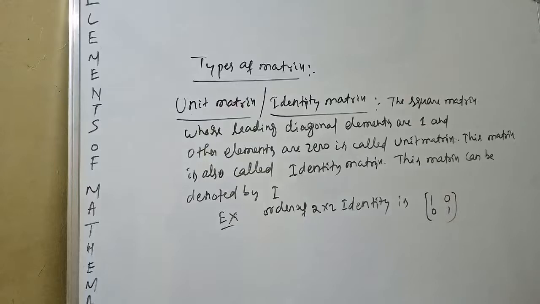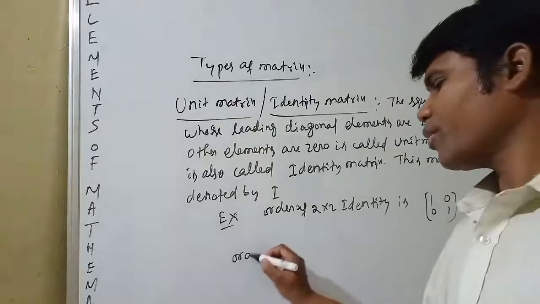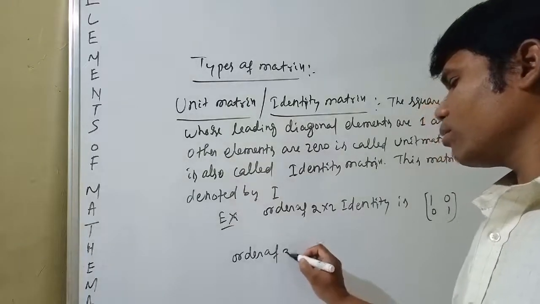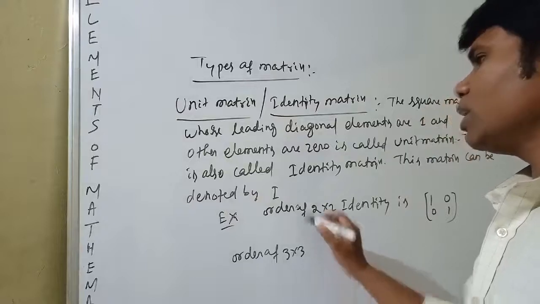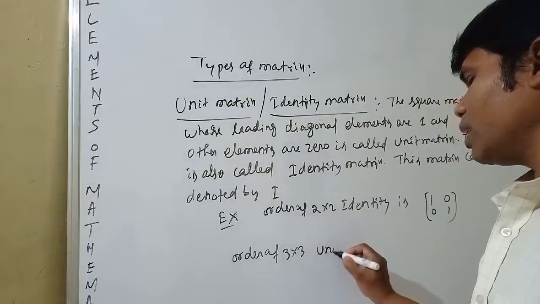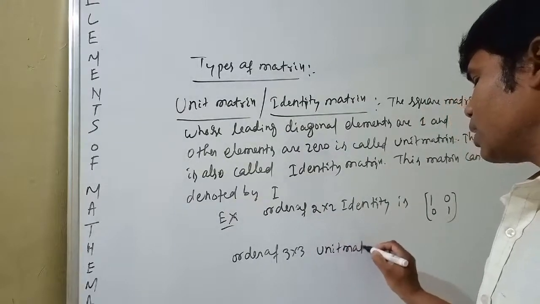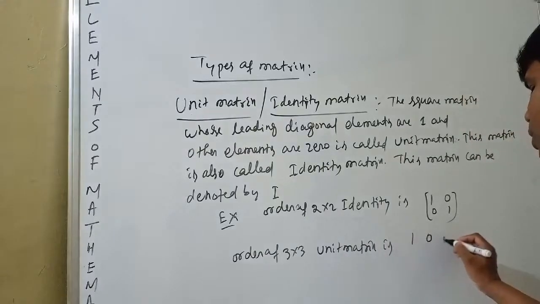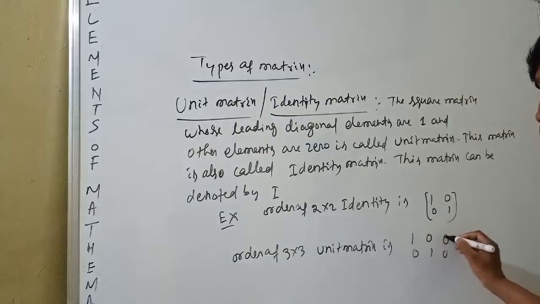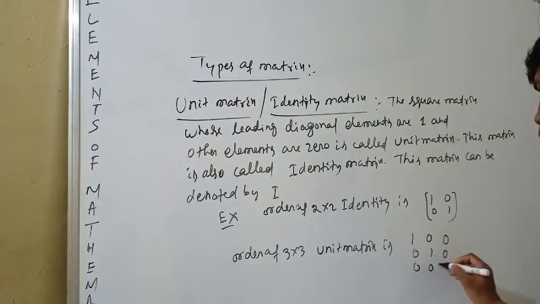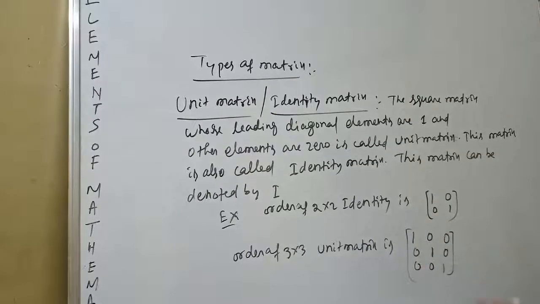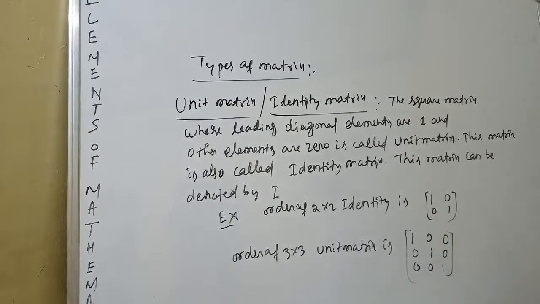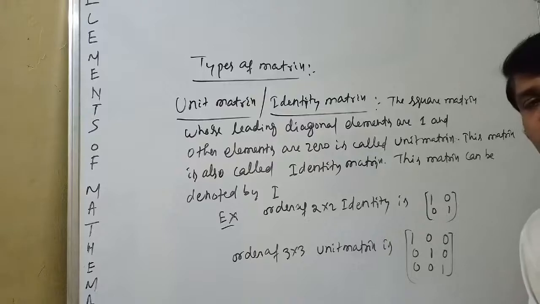Similarly, the order 3 cross 3 unit matrix or identity matrix is what? 1 0 0 0 1 0 0 0 1. This is your unit matrix, or we can say identity matrix.